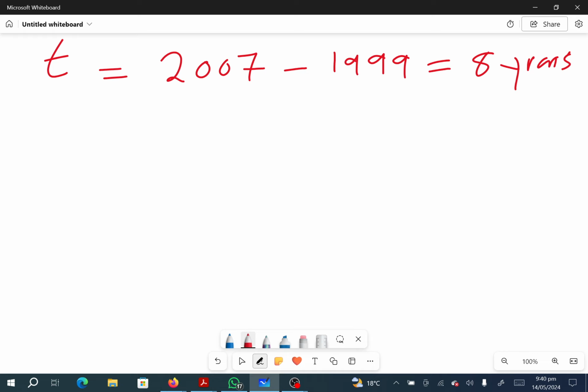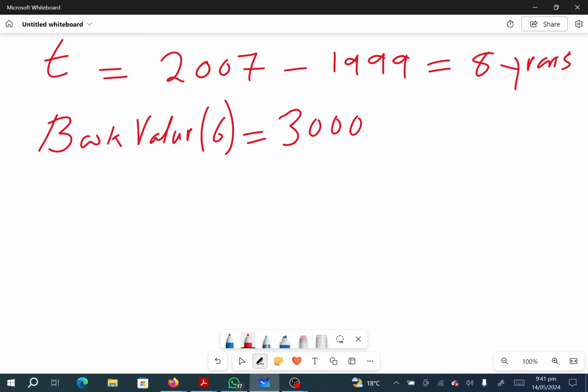Okay, so now book value at 8 years is equal to the initial cost we have been given, 300,000, multiplied by 1 minus C. Our rate is 0.08.